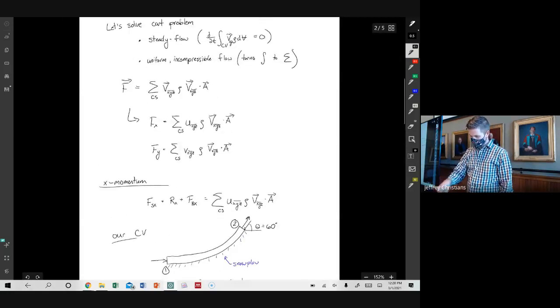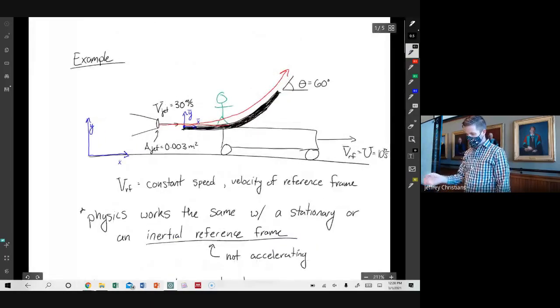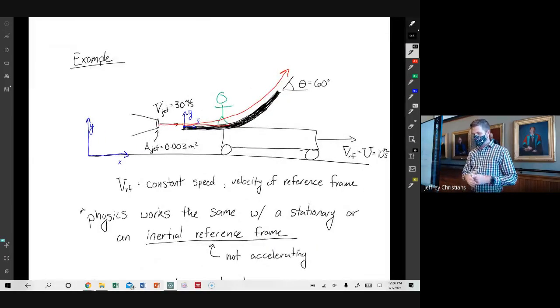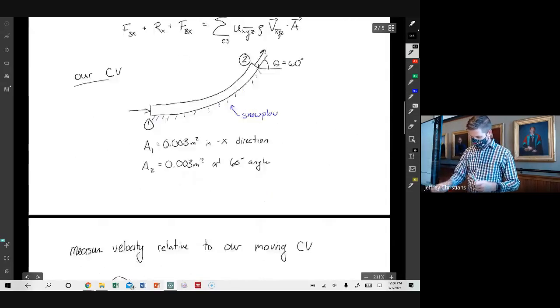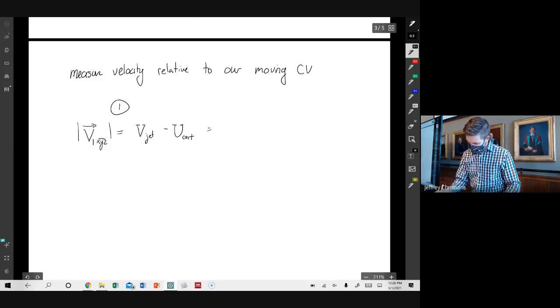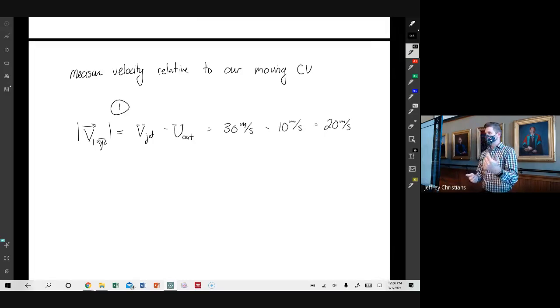I'm using U, right? If we go back up, how fast is the jet coming toward you? Well, the jet's coming at 30 meters per second, but you're going at 10. So it looks like it's only coming at you at 20. So that equals 30 meters per second minus 10 meters per second, 20 meters per second. That's the speed, and that's coming exactly in the x direction. So the vector would be 20 meters per second i hat.